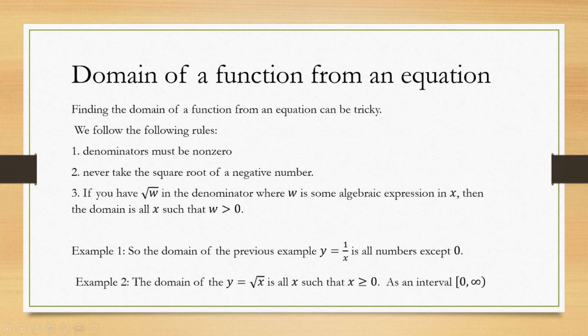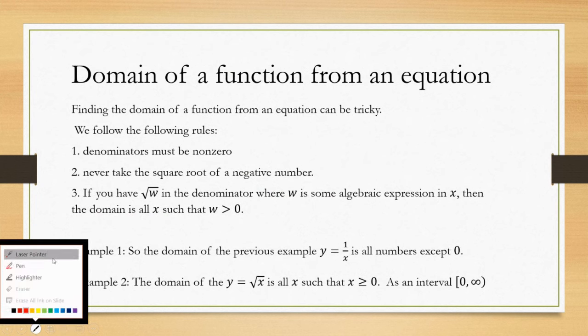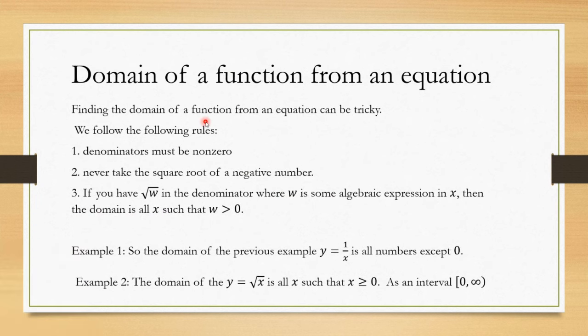The range gets even trickier, but we're not going to do that. So to get the domain of a function from an equation, you have to find all numbers that you can plug into x and get an output that makes sense. Another nicer way of saying that is you just want to follow these rules. You never divide by 0. The denominator has to be non-zero.